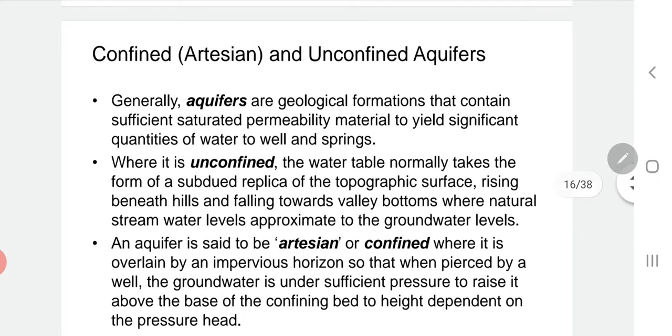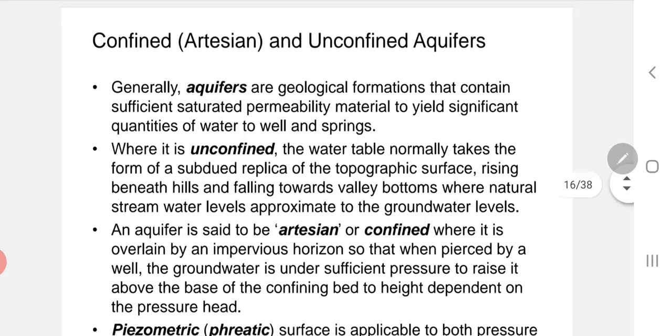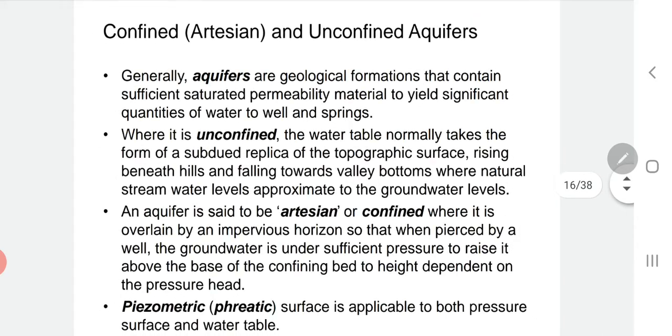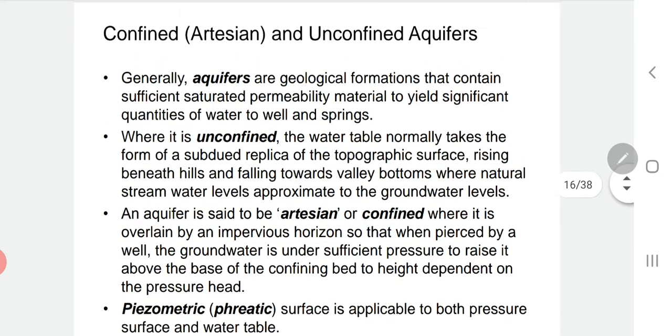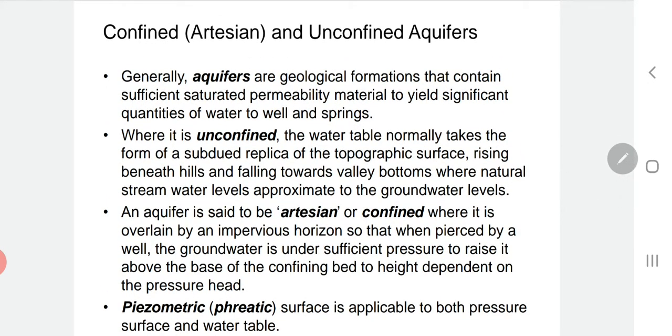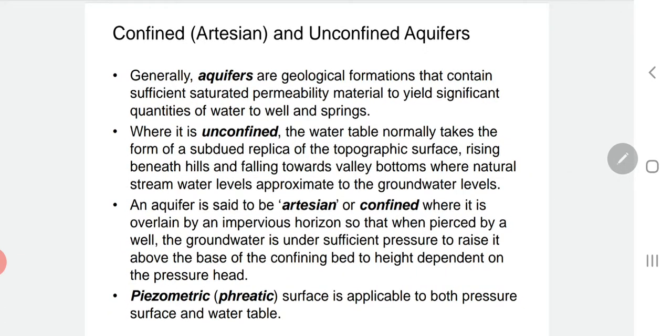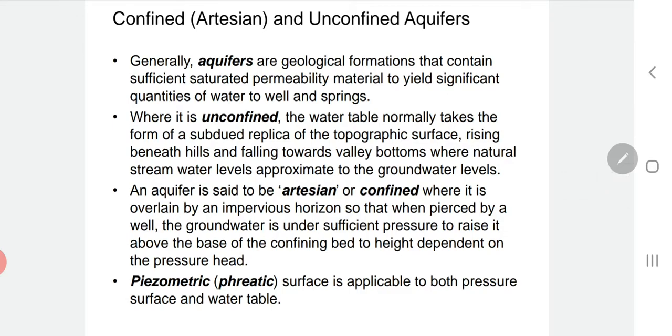Okay, this is to explain confined and unconfined aquifers. Sometimes we also define these aquifers as artesian. So generally, aquifers are geological formations that contain sufficient saturated permeable material to yield significant quantity of water to wells and springs. Before you install a well, all of that area is a water storage area.